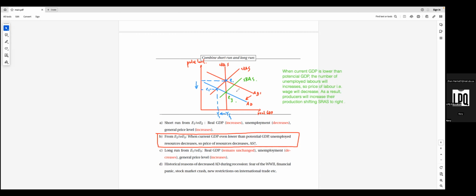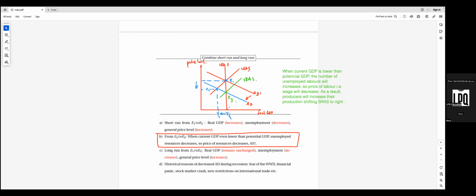At the beginning of this lecture, I said we want to smooth out the business cycle. So we don't like the higher level GDP, and we also don't like the lower level GDP. What we want to do here is make the short-run GDP as close as possible to the potential GDP.